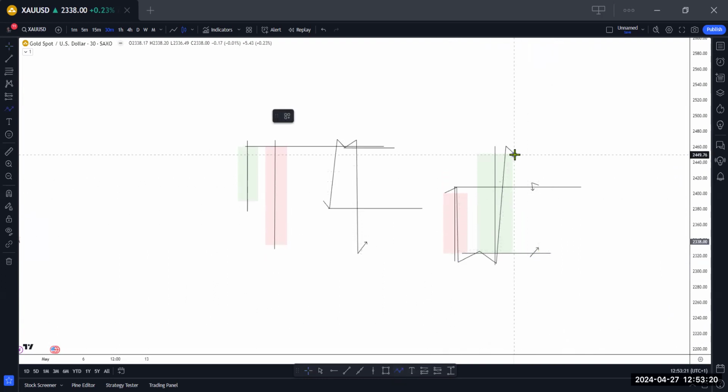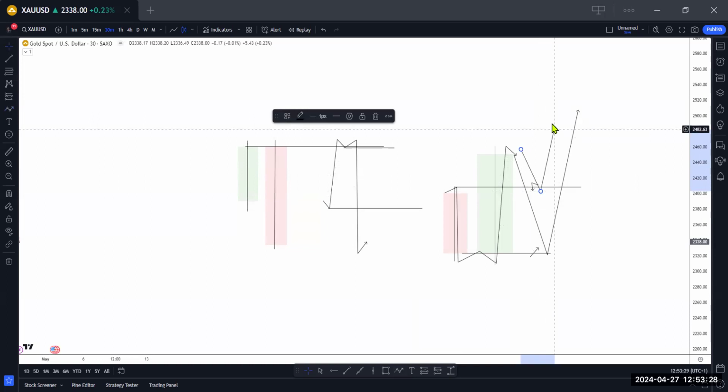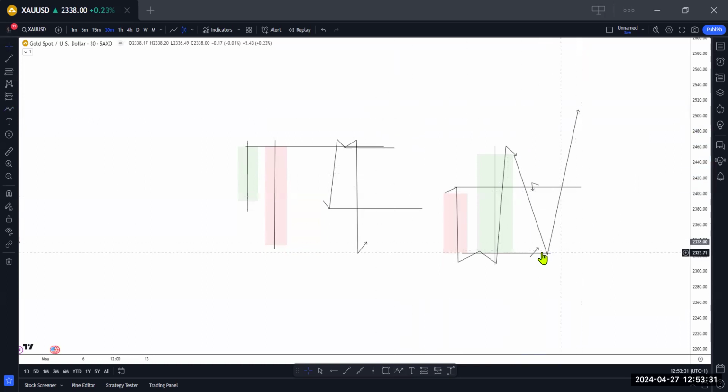So you prefer for market to come this way, tap and go. Can market come like this and go? Yes, it can, but you might not even be happy. Why won't you be happy? Because you know you could have gotten this commodity for a cheaper price. Market can come here and go, but you'd be like, oh God, they scammed me at the market. You could have bought it at this much cheaper price. That is the idea of classic SNR.